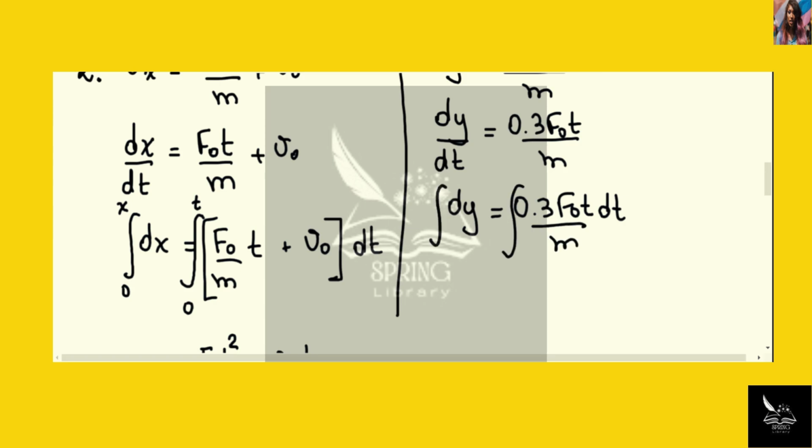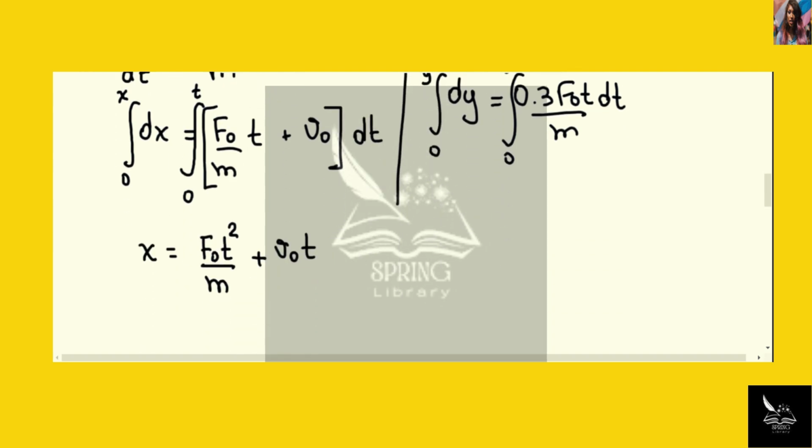Then we can integrate it, so y is equal to 0.3 F0 t squared over m. So we have these two equations.